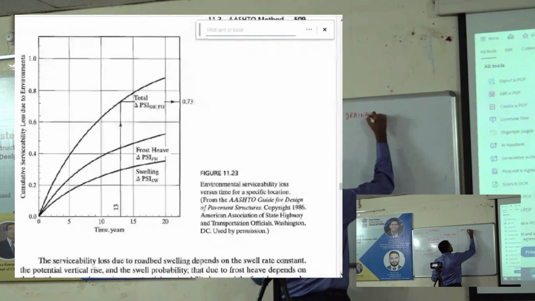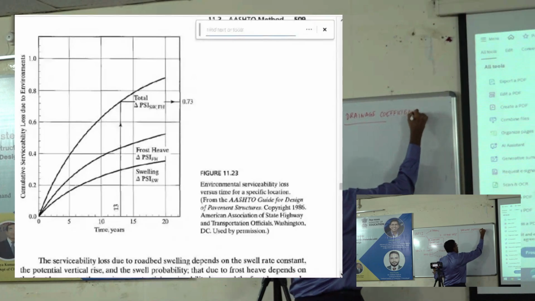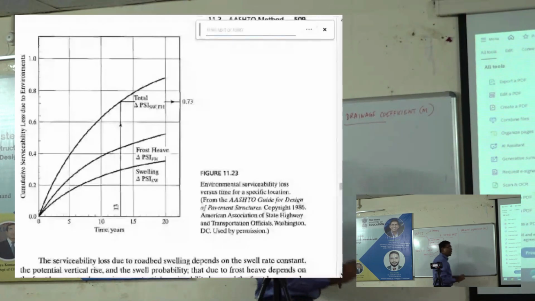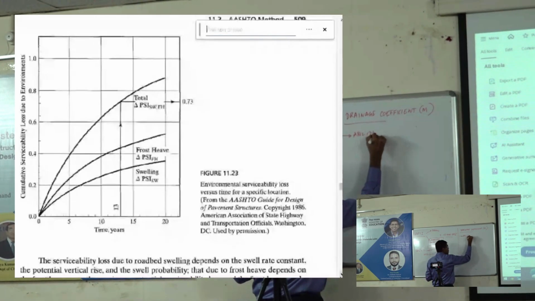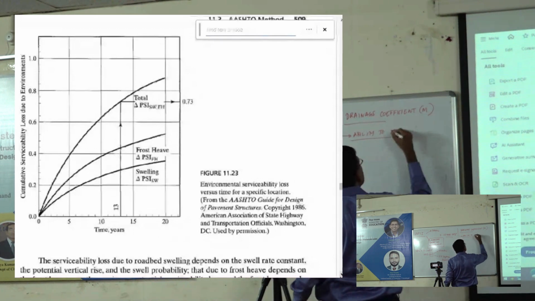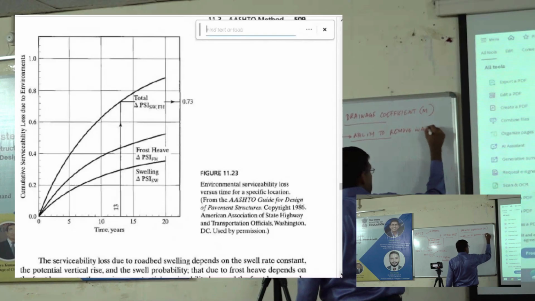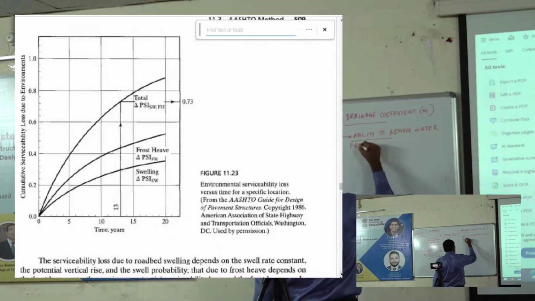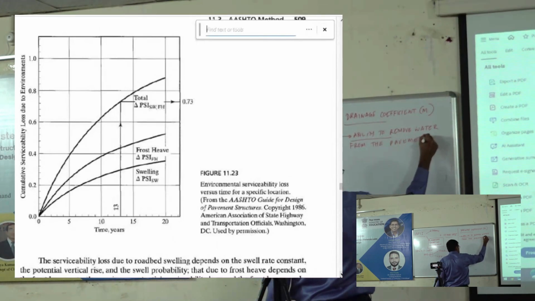Drainage coefficient is defined by m, and it is the ability to remove water from the layer.